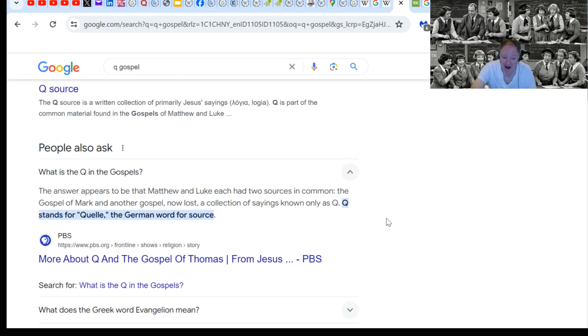This Q also ties into the fact that the Quran, which also starts with a Q, doesn't it? Has sayings of Isa, Jesus.